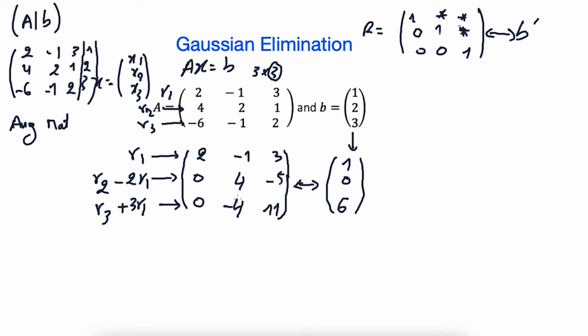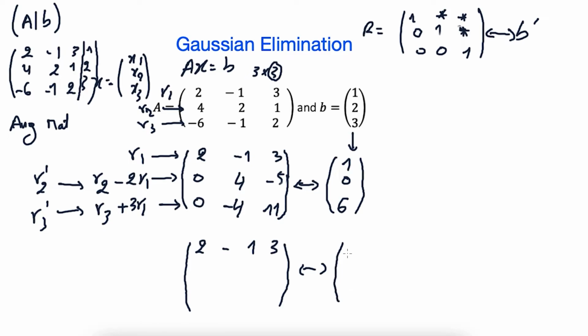So the next step now is to get 0 in this position. So we now get 0 here, and we need to get 0 here. When we call this R2 prime and R3 prime, we need to get 0 here. So we will write this row here, 2, minus 1 and 3, and the corresponding constant will be the same one here, and we will also write this row here because we want to change it in this step.